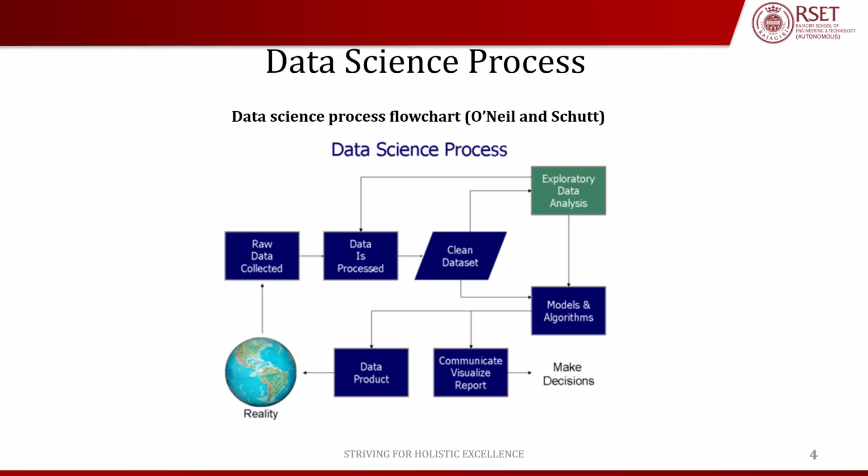Maybe we are predicting something, or maybe we are grouping the data into different clusters. Whatever it is, we will employ some algorithm, and this entire process will make a machine learning model or a data science model which can give the desired result, right?